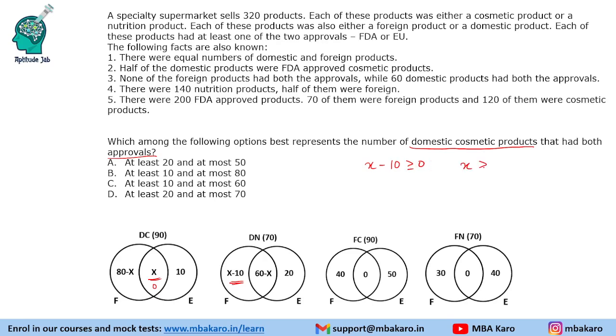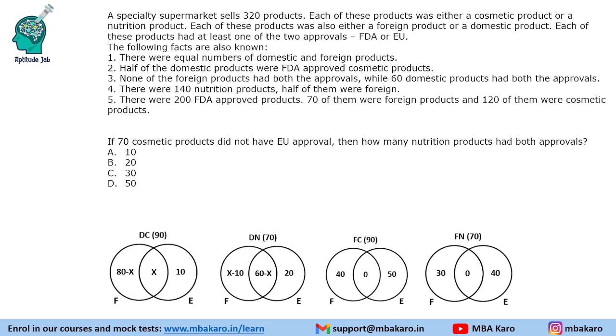So x minimum value will be 10. And what can be the maximum value? See, we are subtracting x from these values and 60 minus x can become 0. So 60 minus x should be greater than or equal to 0 because we cannot have negative values. So x is less than or equal to 60 because if we go beyond 60 it will become negative. So at least 10 and at most 60 is our answer.